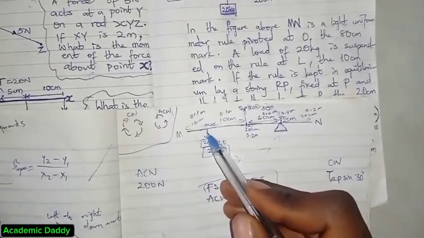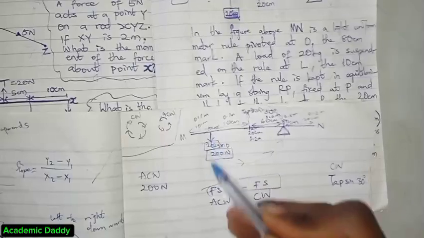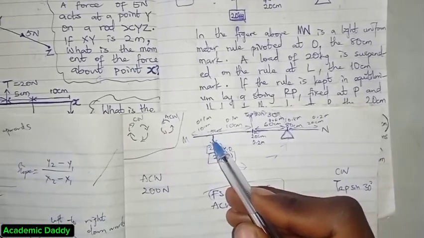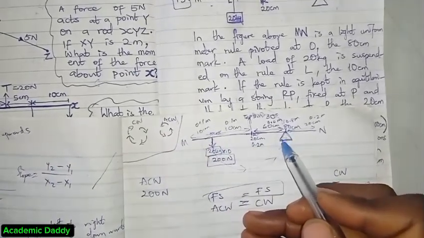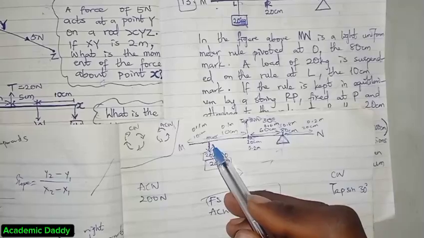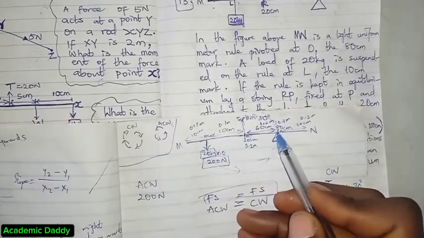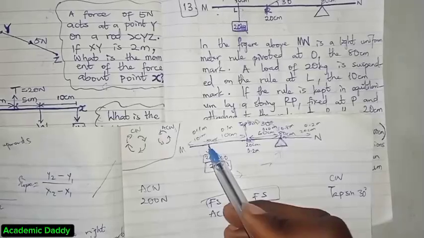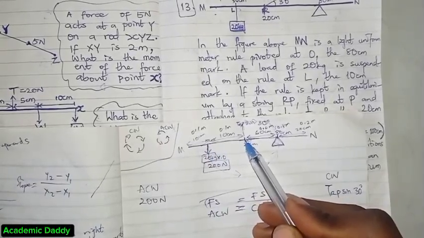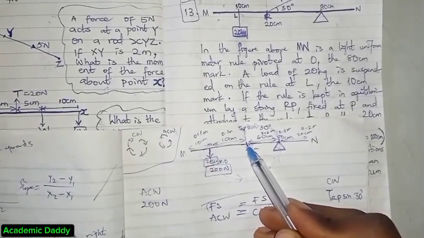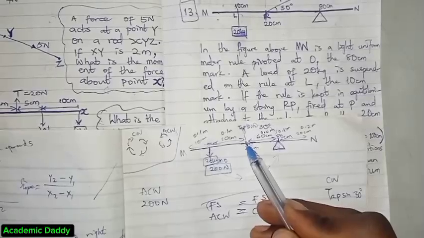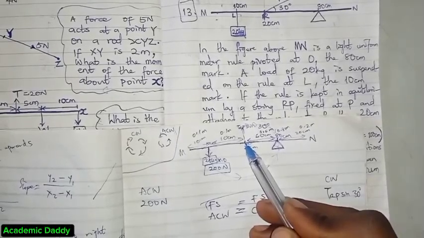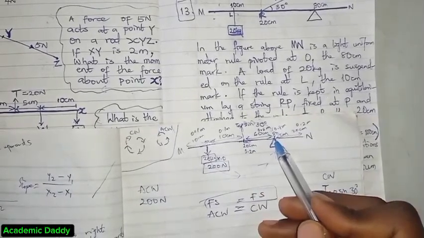So notice from this point now is at 10 centimeters. Then going towards the pivot, we'll come across all these distances. On the meter rule, from here to here is 10. Then from this point to this point is 60.